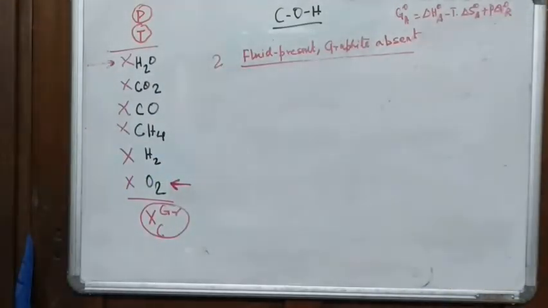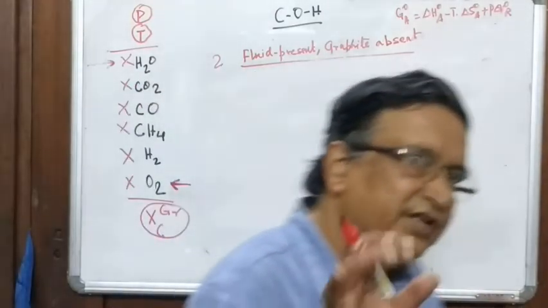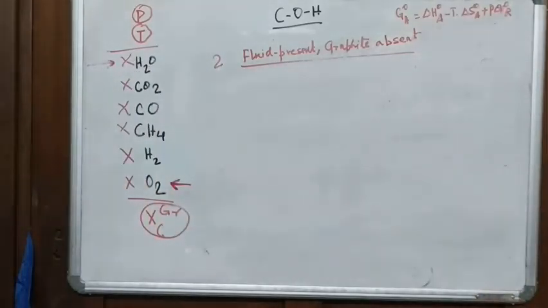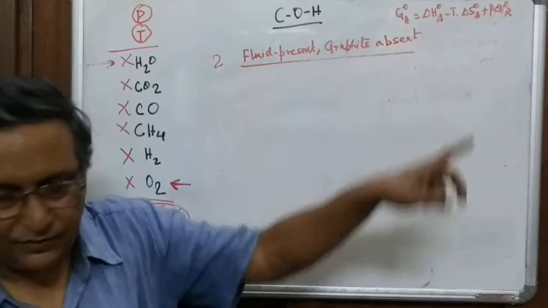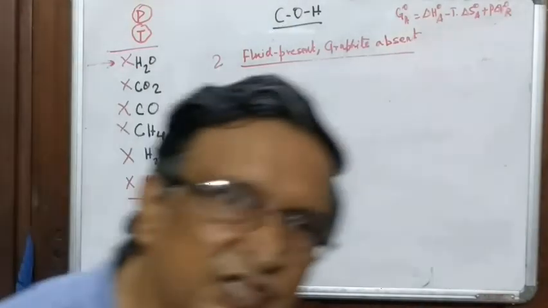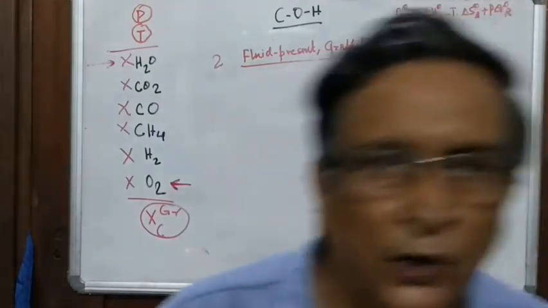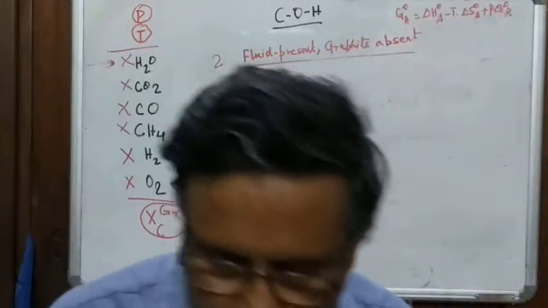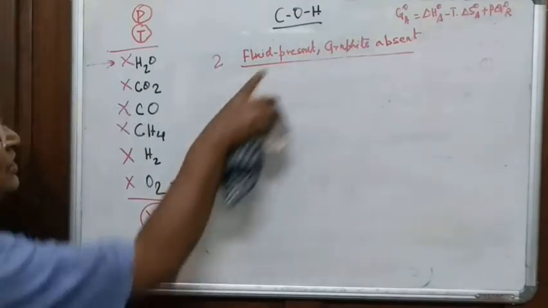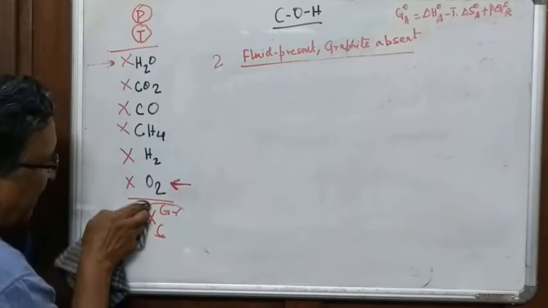But we know that pressure, temperature, etc., all these things we can control from the mineral assemblage relationship. Now here, last time, when it was fluid present, graphite present, we took activity of C graphite, and the value was determined. Why? Because it was pure, so Xc graphite is equal to 1. Here, of course, that advantage is gone because you have graphite absent.